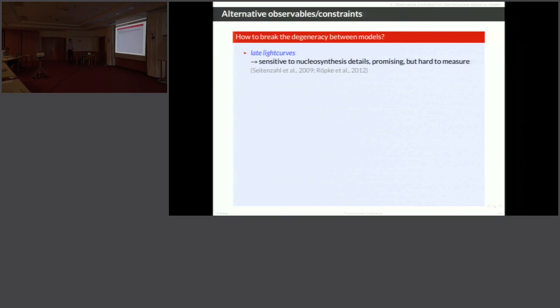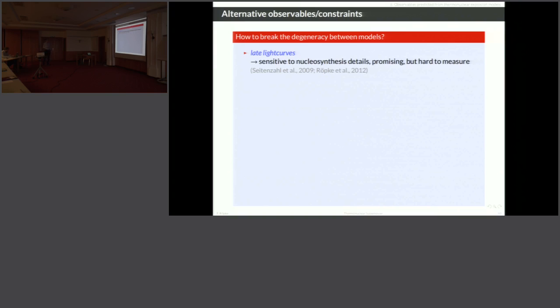So therefore, one wants to break the degeneracy between models with alternative observables and constraints. And I've actually just made a list of this here, so this would require a discussion that would easily take another 2 lectures. So I will just give you a list of what has been attempted there. So one possibility is late light curves.